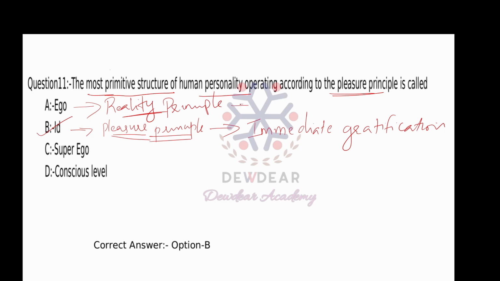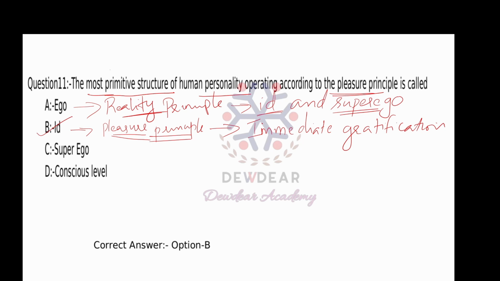It acts as a mediator between id and superego. The three parts of personality are id, ego and superego.